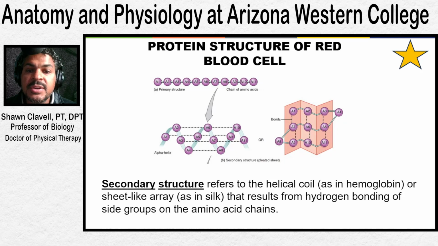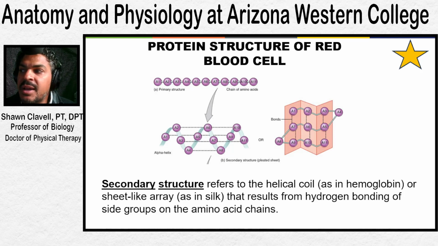The secondary structure of a protein refers to the folding, where it starts to bend or fold. You'll see a twisting, an alpha helical structure, and this is where hydrogen bonds come in. Remember hydrogen bonds from our chapter 2? These are weaker bonds that break fairly easily, but they start to give a more compact structure to the protein.